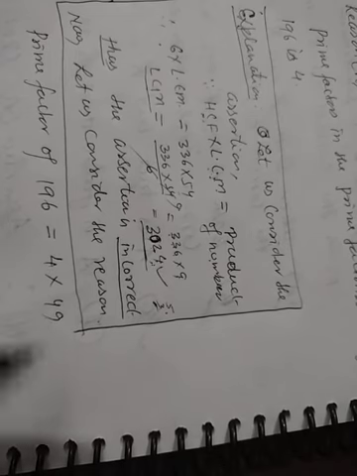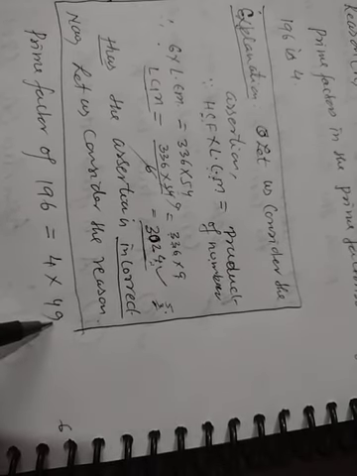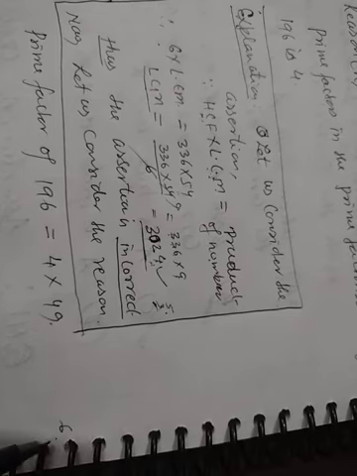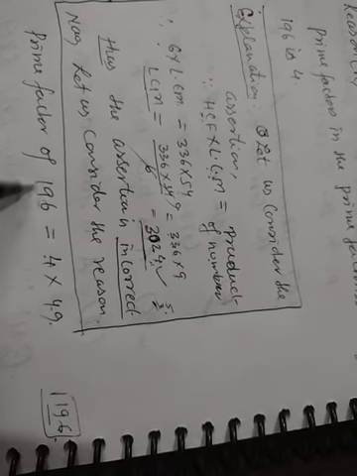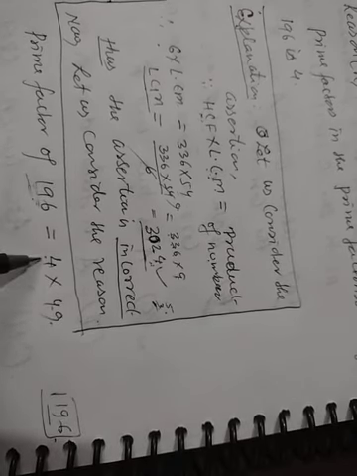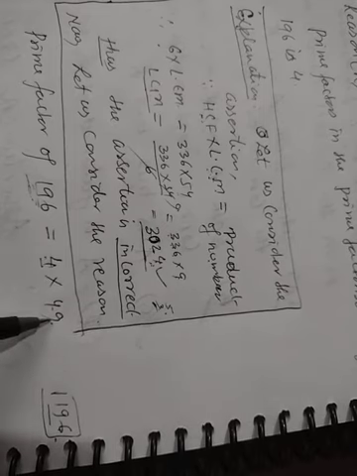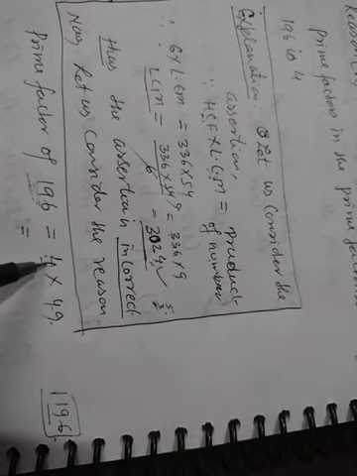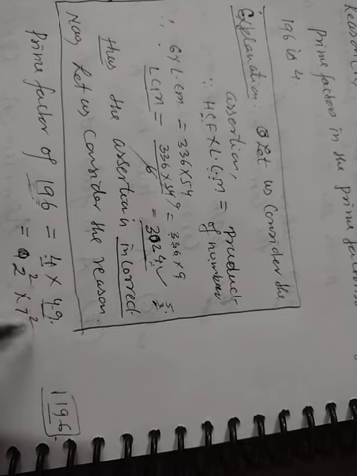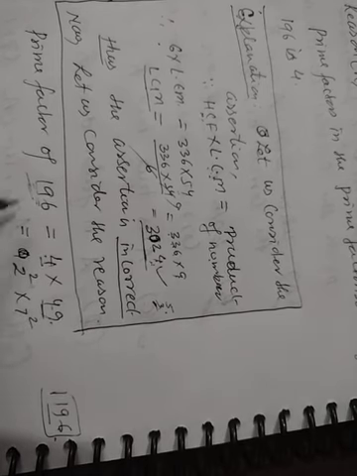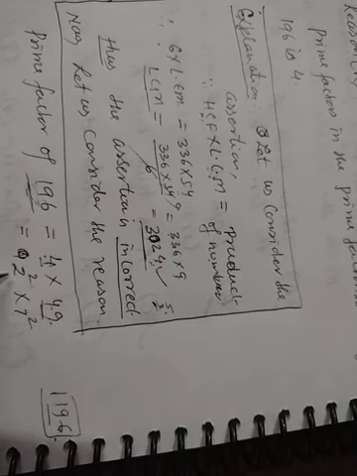Now see, 4 nines are 36, carry 3, 4 fours are 16 and 3 is 19. So 196 will have two factors 4 and 49, such that we can write 4 in its square form, 2 square, and 49 also as the square of 7. So the factorization of 196 is written as 2 square into 7 square.